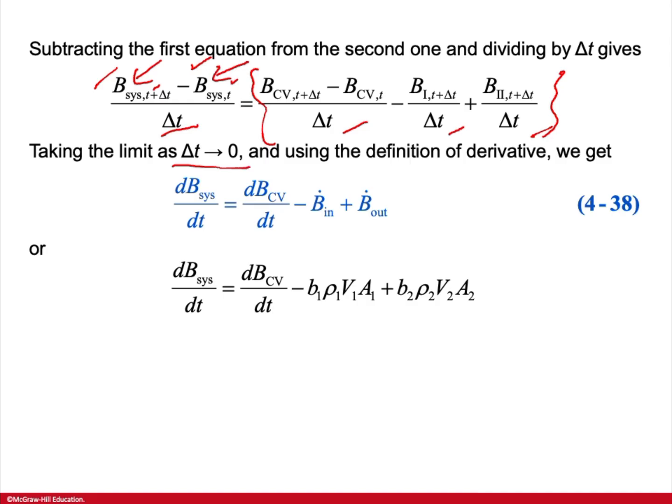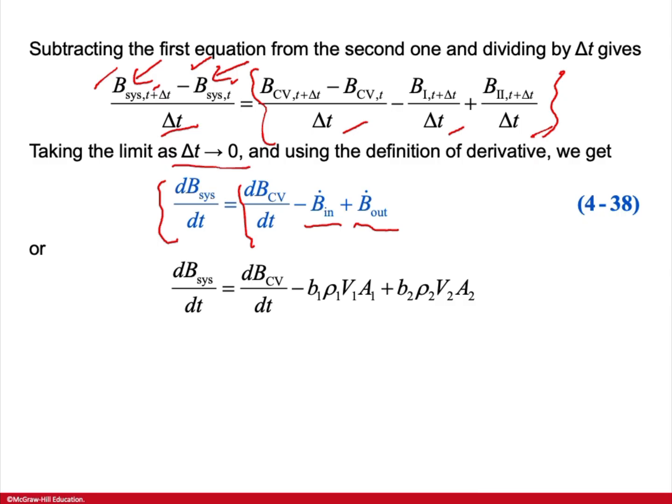So if you want to find a differential relationship, what you end up doing here is taking delta t going to 0, so you get that the time rate of change of B as a system is equal to the time rate of change of B as a control volume, minus the rate of the quantity of B entering that control volume, plus the rate of B leaving the control volume, right?